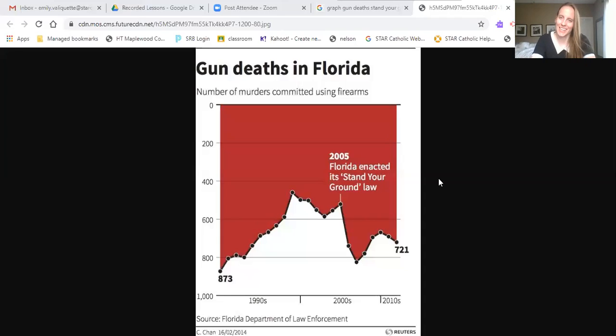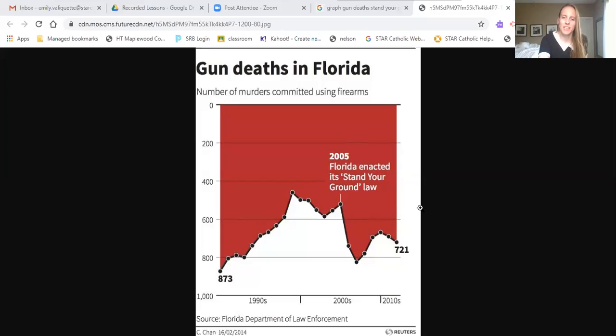Okay, so firstly, just an example of how to interpret a graph and what a good graph looks like. This is an example of a graph that was posted by Reuters, and it shows the number of murders committed using firearms over time.